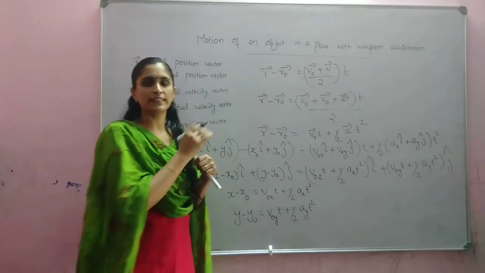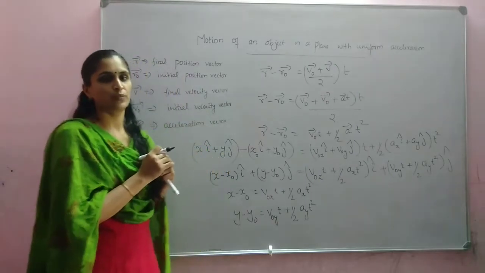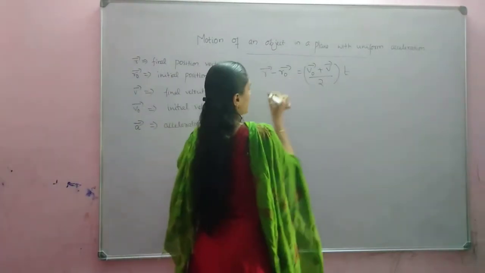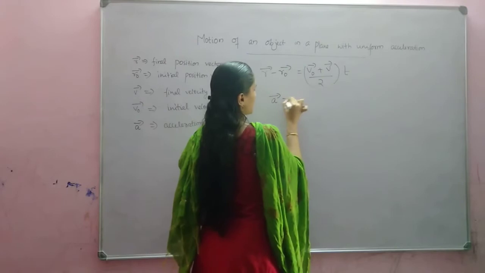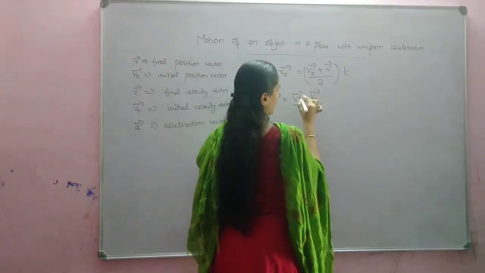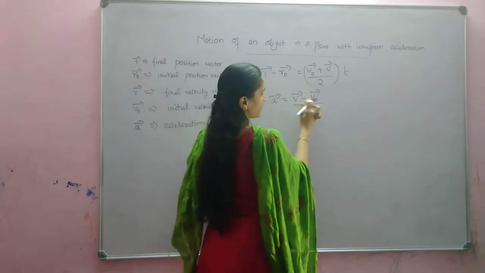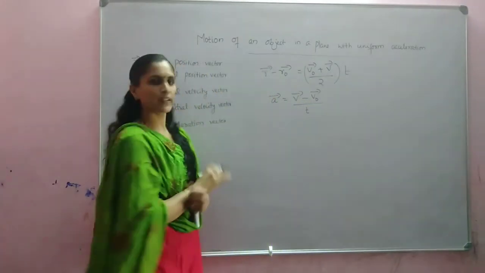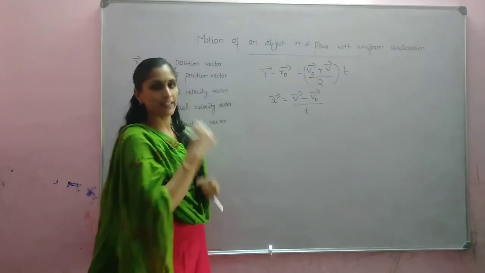And now we will discuss the third equation of motion. Okay. So already we know this expression. Then we can write acceleration is equal to final velocity vector minus initial velocity vector by t. So from these two expressions, we are getting the third equation. Okay.